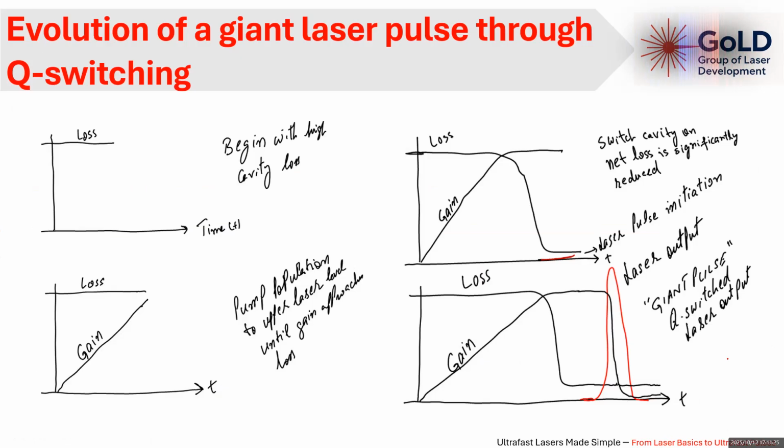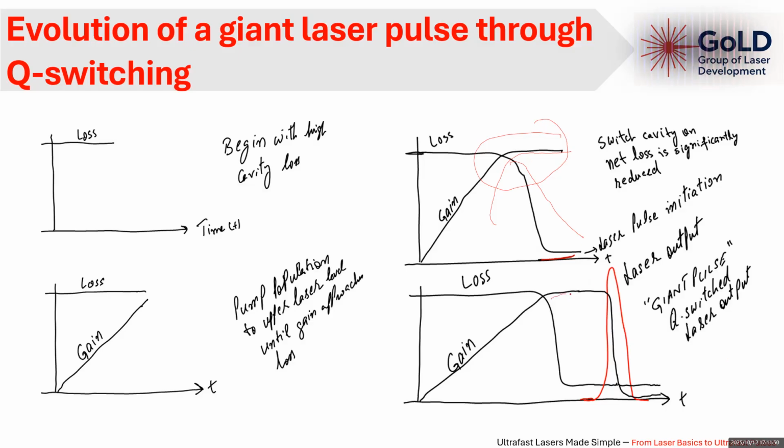It was mentioned graphically in my last lecture. When there is no laser, there is high loss. When you start the pumping, gain develops and overcomes the losses, so losses go down and the gain is steady for a while.